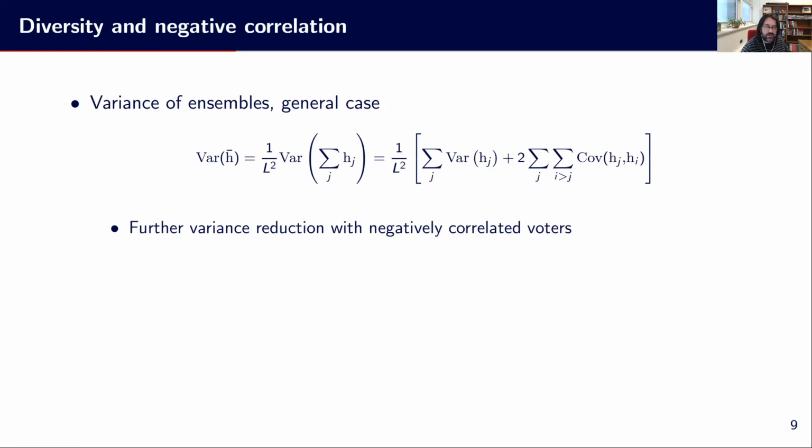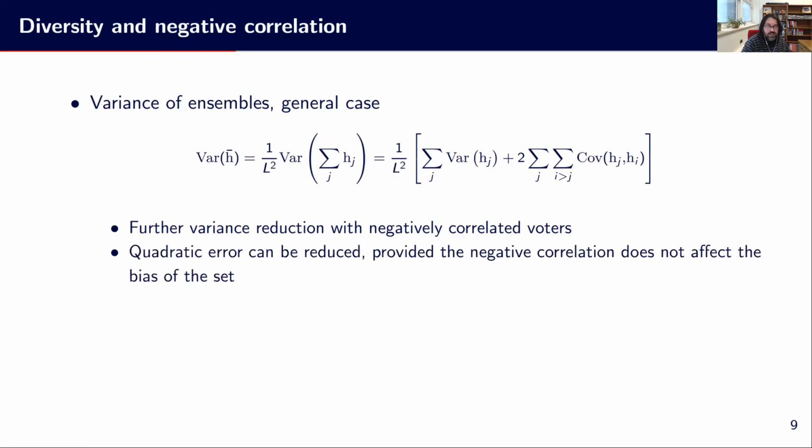So that's, I would say, a nice insight to say, how should we generate our members in terms of having better performances? And this will lead, in terms of regression, it's not in terms of classification, but in terms of regression, we will get lower quadratic error, least mean square error, provided that the negative correlation does not affect the bias of the set.